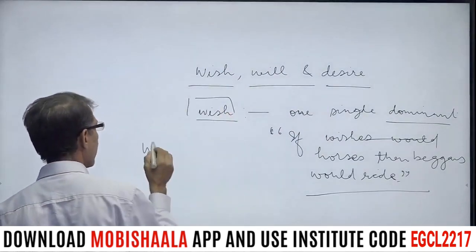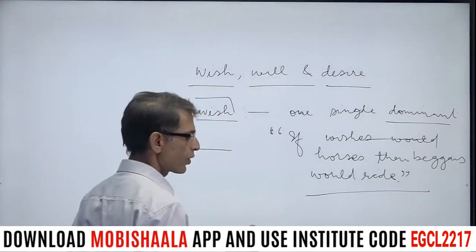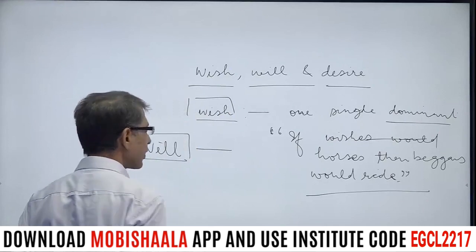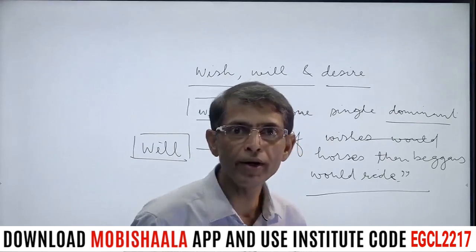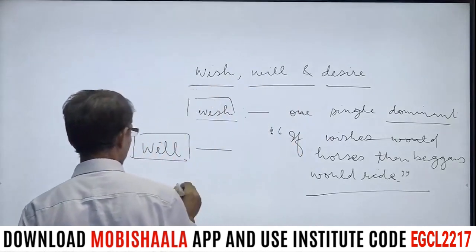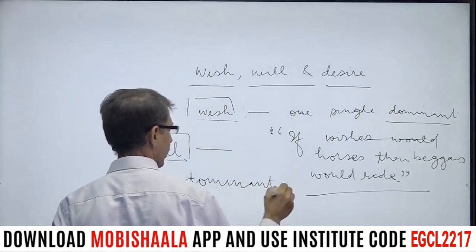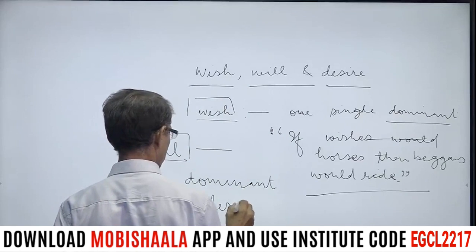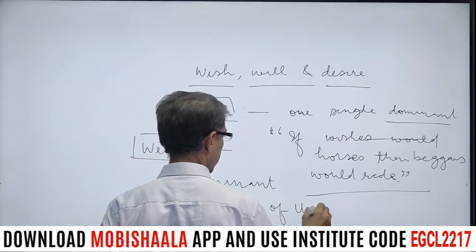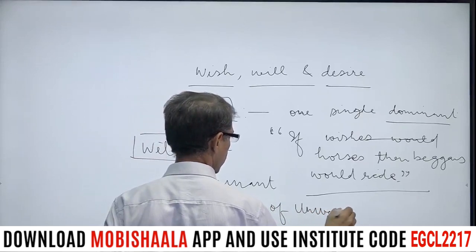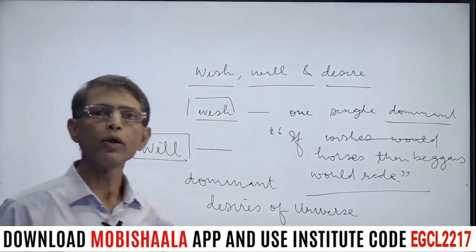What is will then? Will is the self in action. Will has been defined. So will is the dominant desire of the inverse, and it works.